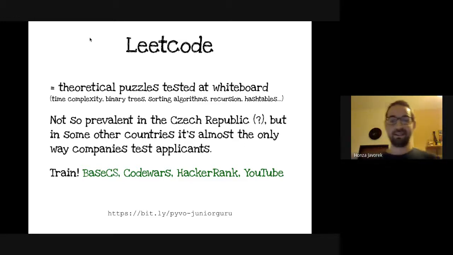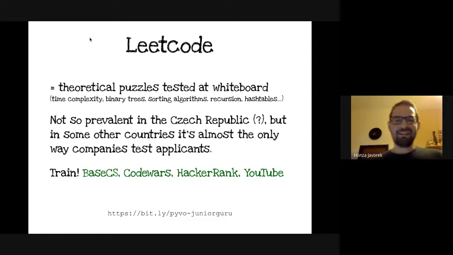But at least from reading resources from the US or UK or other parts of Europe, it seems like abroad it's very often almost the only way companies test applicants. It's so prevalent that the internet is full of it.